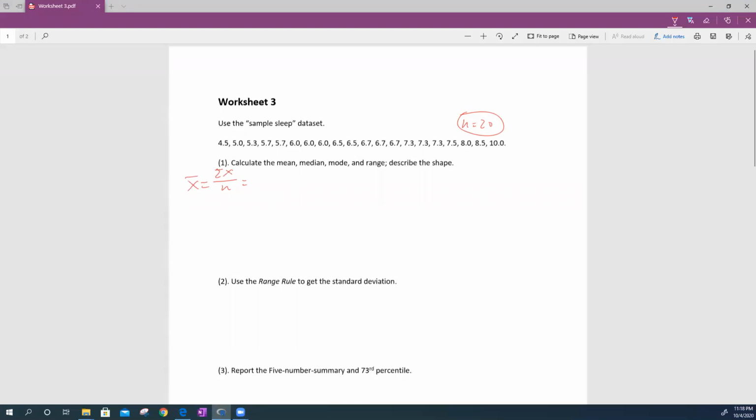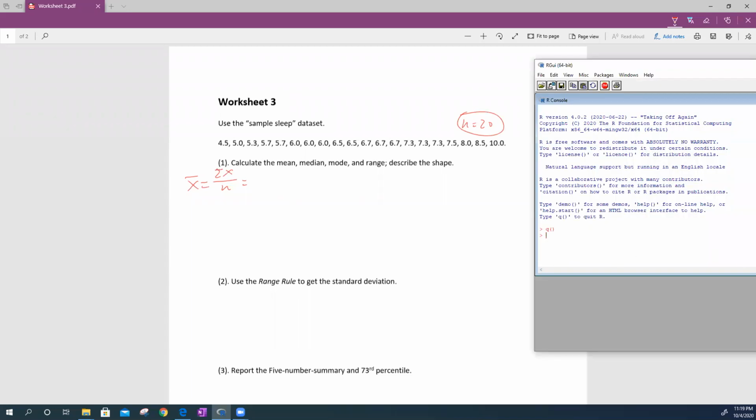So now let's use this calculator, just type in everything.